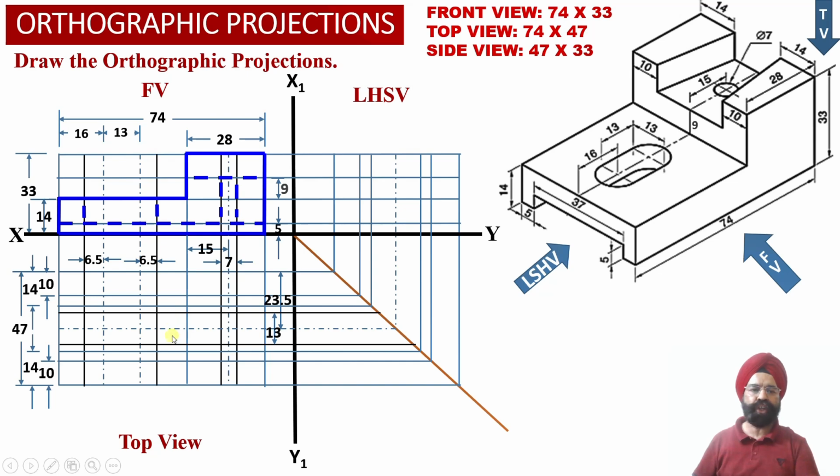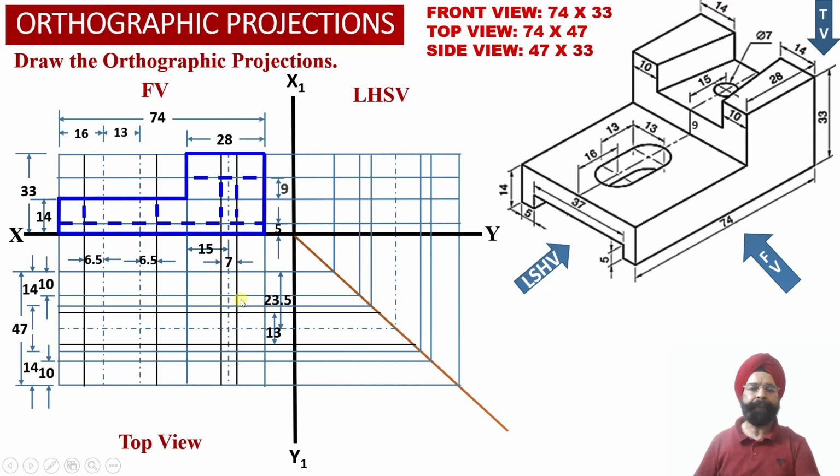So here 2 horizontal black projector lines we have been able to obtain to identify these 2 ends of the semicircular elongated slot over here. So now these 2 black horizontal projector lines are separated by a distance of 13 millimeter and at an offset of 6.5 millimeter from the center line towards the rear side and towards the front side of the solid.